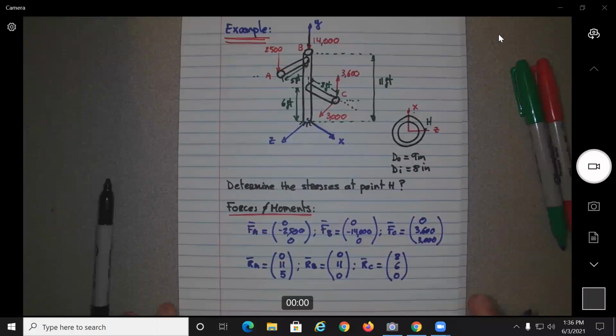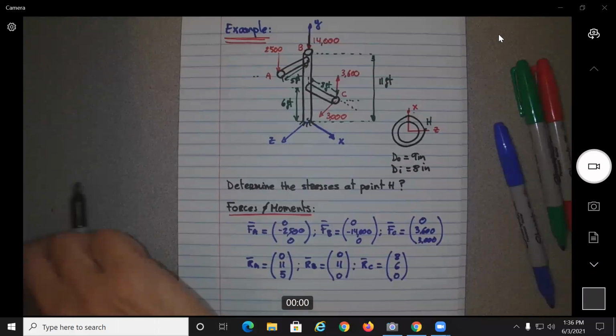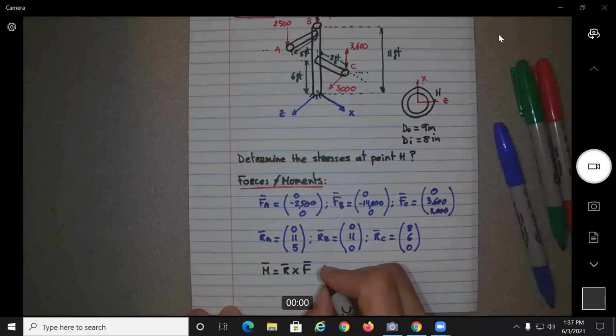Okay, so we know the equation for the moment. So this is by definition M equal R cross F. Okay, moment definition.